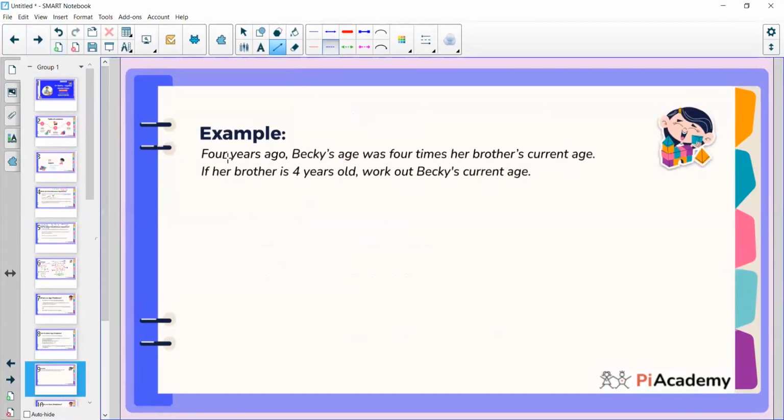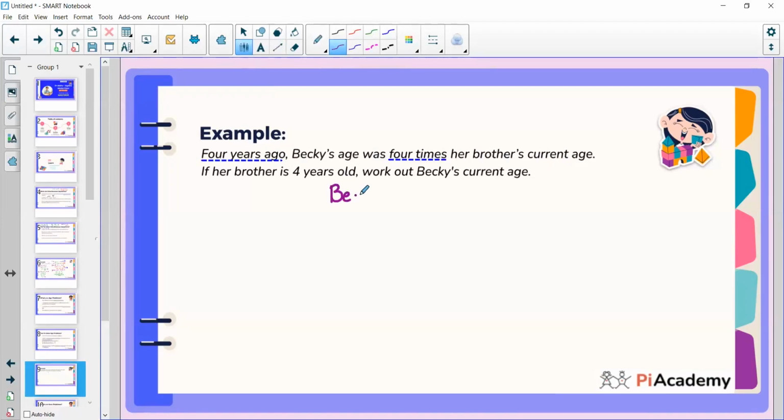All right, we got a question over here. 4 years ago, Becky's age was 4 times her brother's current age. Okay, so he's talking about 4 years ago. Becky's age was 4 times her brother's current age. So how many people do you have in this question?